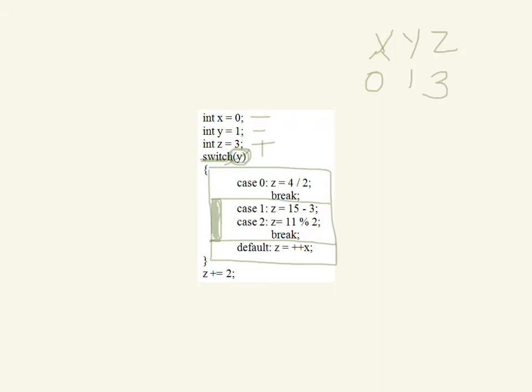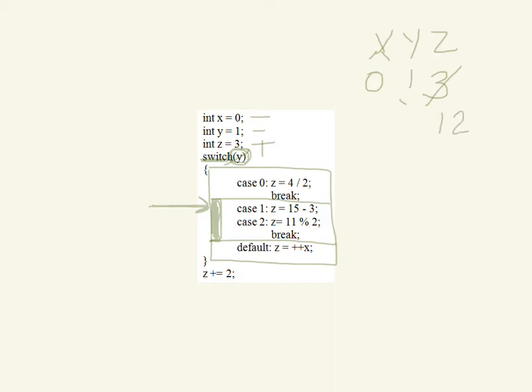Okay, so I start here. Y is 1, so I come and I enter the switch block here at case equals 1. And it says to set z equal to 15 minus 3. Well, 15 minus 3 is 12.